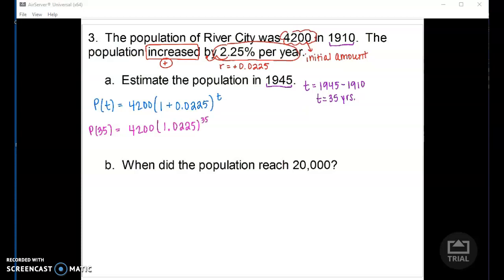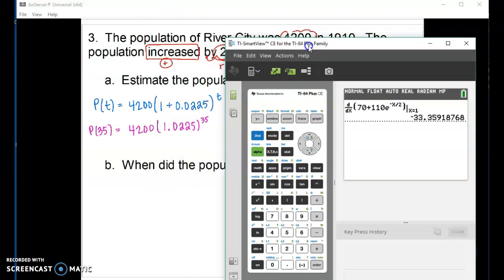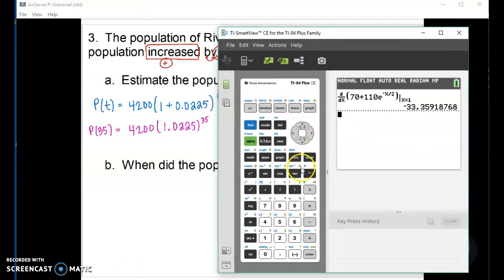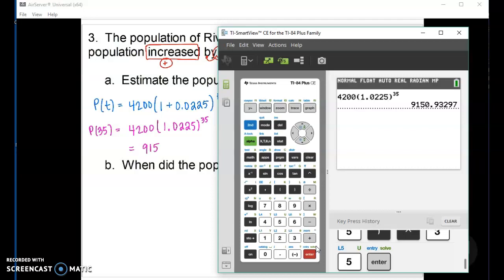That's going to be to the 35th power. So you're going to use your calculator here, and you're just typing this into the regular calculator. So we have 4200 parentheses 1.0225, and then our exponent here is 35. So our population of people is going to be 9,150, and I'm going to want to put the decimal here.